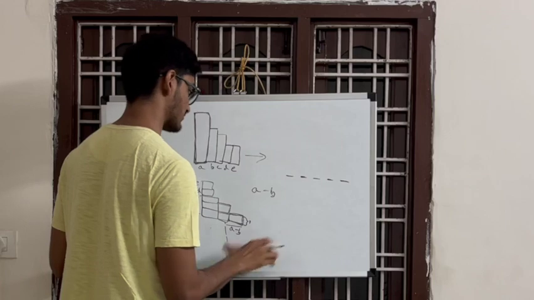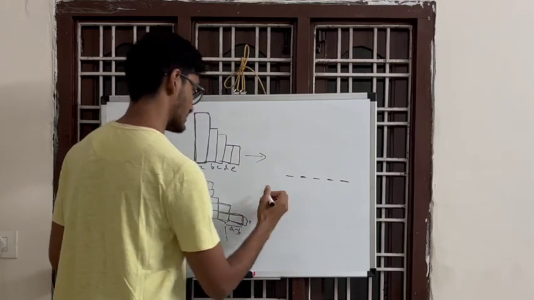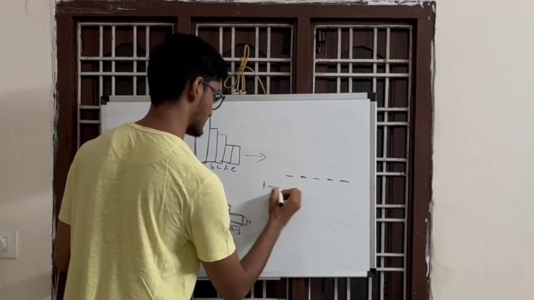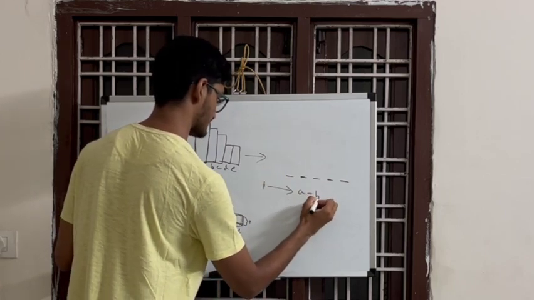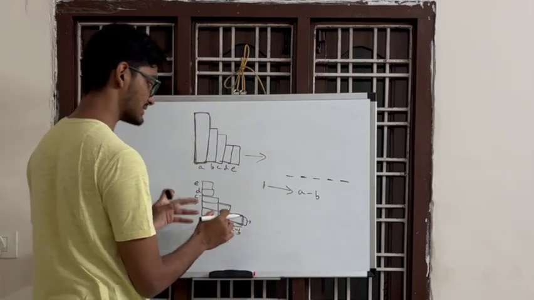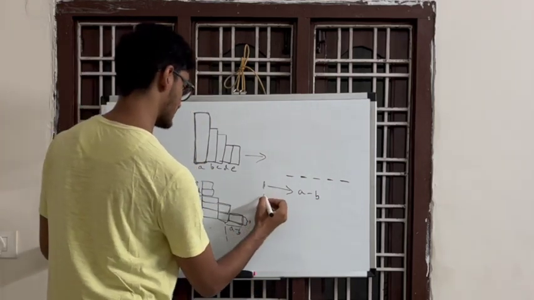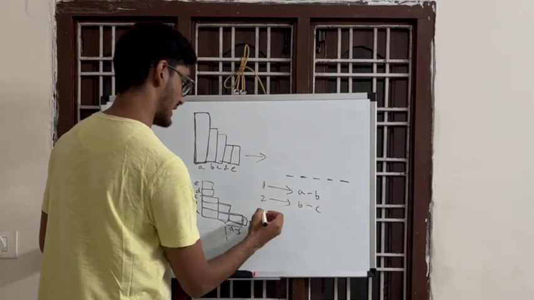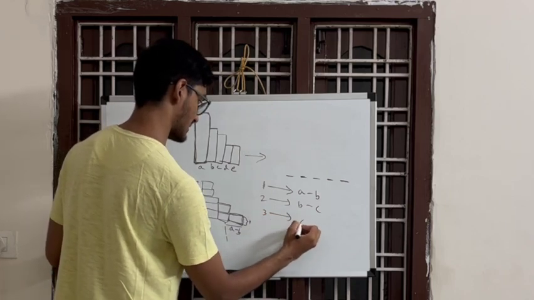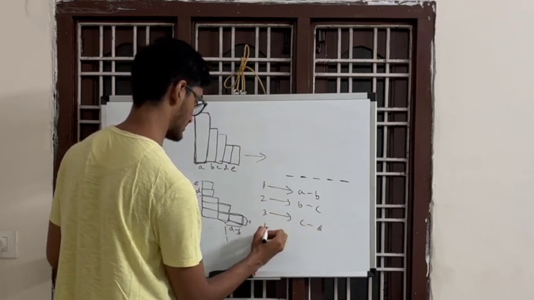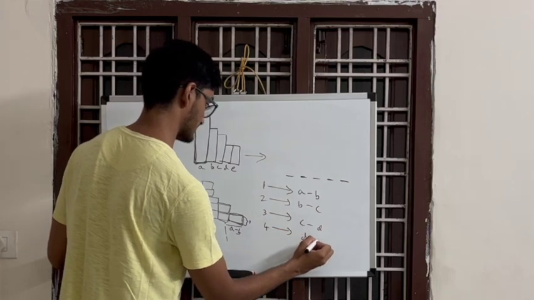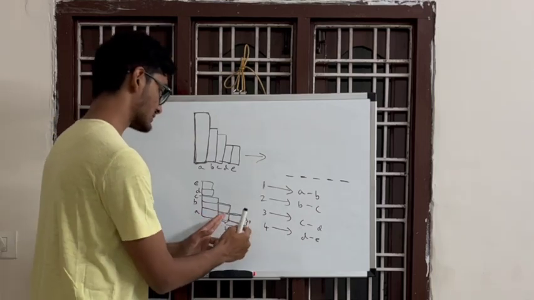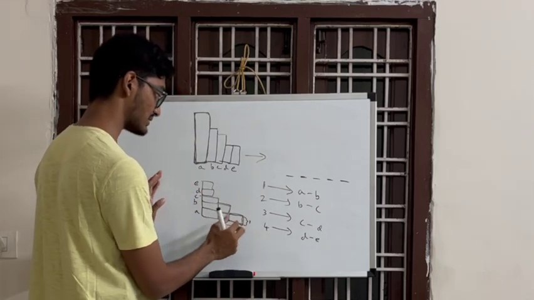So let me write the general formula actually. Basically, blocks of length 1 is A minus B. Now for blocks of length 2, we need to calculate. For 2, it will just be the same as 1, just B minus C. And for 3, it's C minus D. And for 4, it's D minus E. So now we can find out the number of blocks of each length if we flipped it.